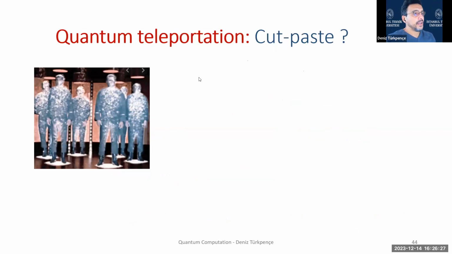And finally, let's implement a circuit which is known as a quantum teleportation circuit. Copy-paste, or a general procedure for copy-paste, is not possible, but cut-paste is possible. Is it possible to send an unknown quantum state at a distance?